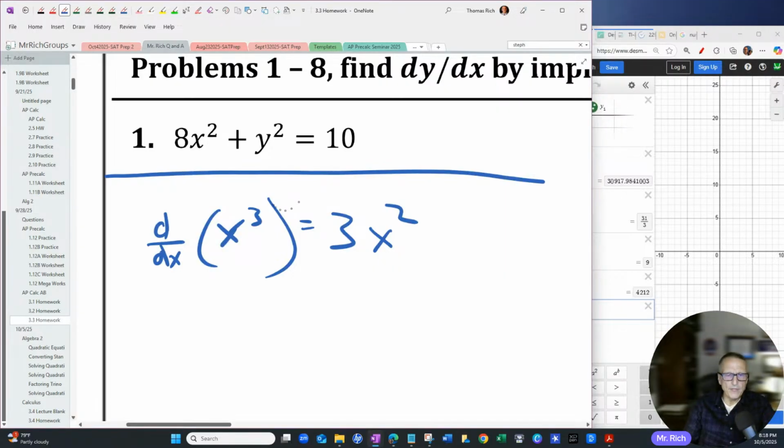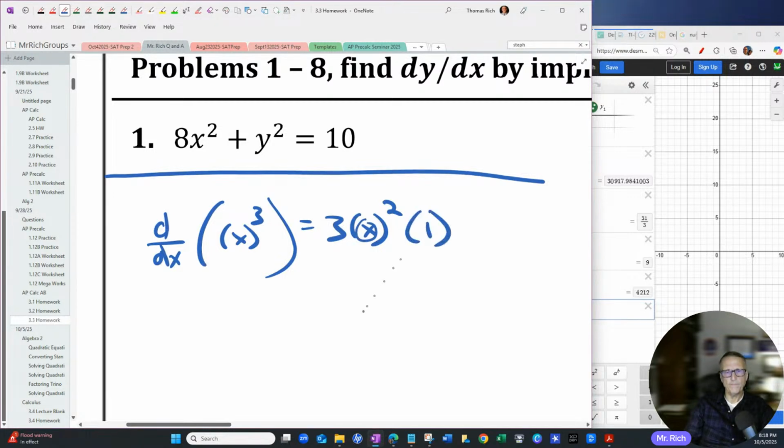Because if you think about this as being the derivative of x inside parentheses to the third power, what I'm going to do with the chain rule is take the 3 times the thing on the inside, which is x, reduce the exponent by 1, and then multiply by the derivative of the inside part. Well, the derivative of x is just 1. So it does end up being just 3x squared.